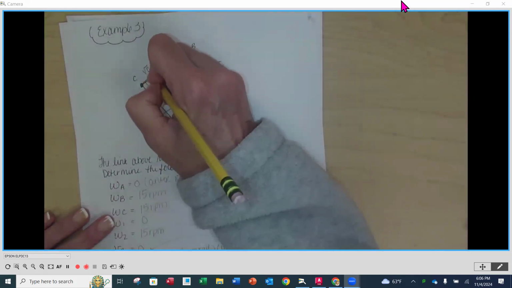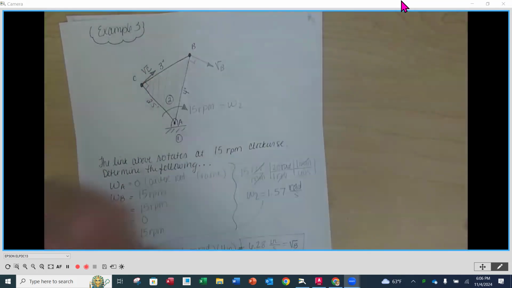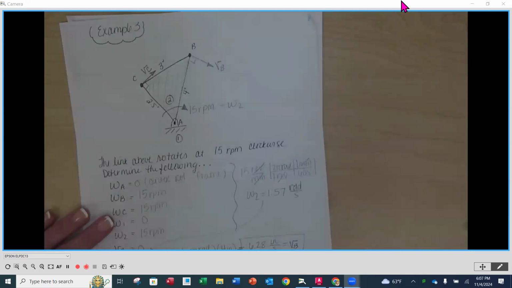So this would be VC. Its direction would go up and to the right. So again, if I'm rotating, I suddenly stop and C is not affixed to this link, it would continue in a straight line going up and to the right.